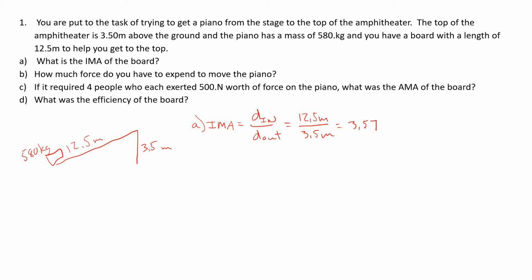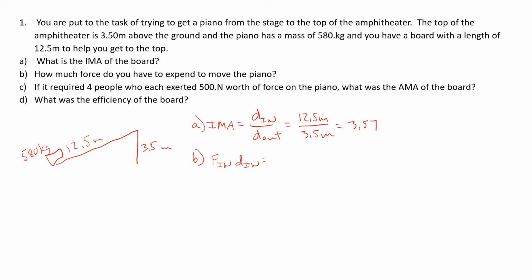So ideally we should get a little over 3.5 times the amount of force out of our machine than we put into it. So ideally is what B is about. How much force do you have to expend to move the piano? Ideally would be your F in. And since we're talking about the ideal situation, work in equals work out.